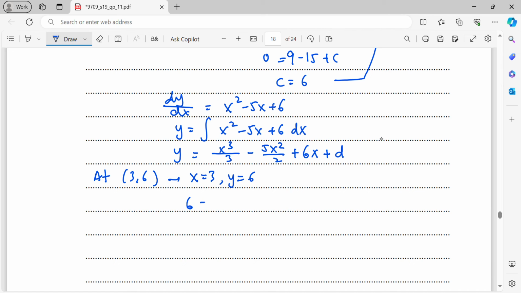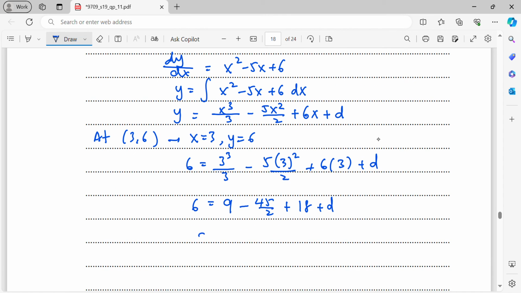I will get 6 equals 3 cubed over 3 minus 5 times 3 squared over 2 plus 6 times 3, then plus d. So 3 cubed over 3 is basically 27 over 3, which is 9. The next value is 5 times 9 over 2, which is 45 over 2, plus 6 times 3 is 18, then plus d equals 6.